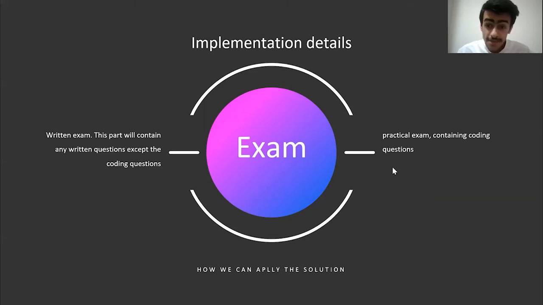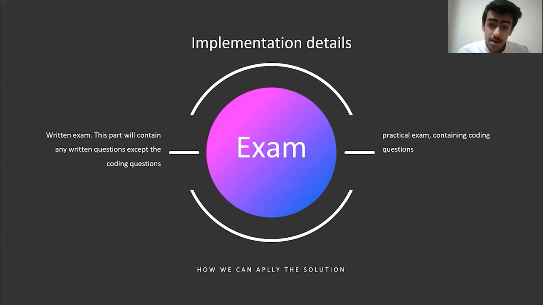So this part of the exam should be in the lab. The student has to use the IDE to solve the questions and submit the solutions file, which will contain the codes, in the Blackboard.